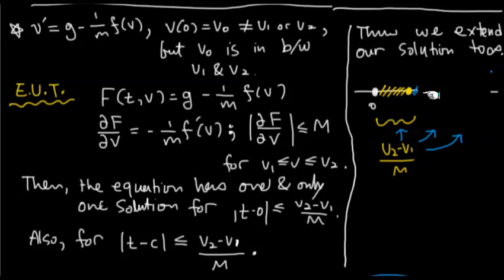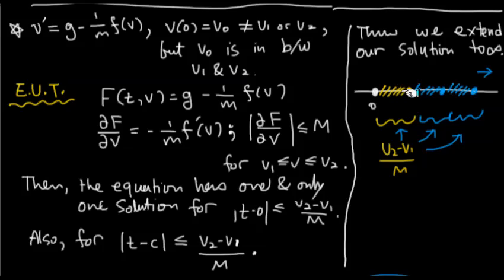To continue our solution, we can start from here, that end value, or somewhere a little bit before, it doesn't matter. That can be a new central point, not 0, but we can start from c, because again, our differential equation does not involve any t value. We can apply this again and get a new radius of existence.